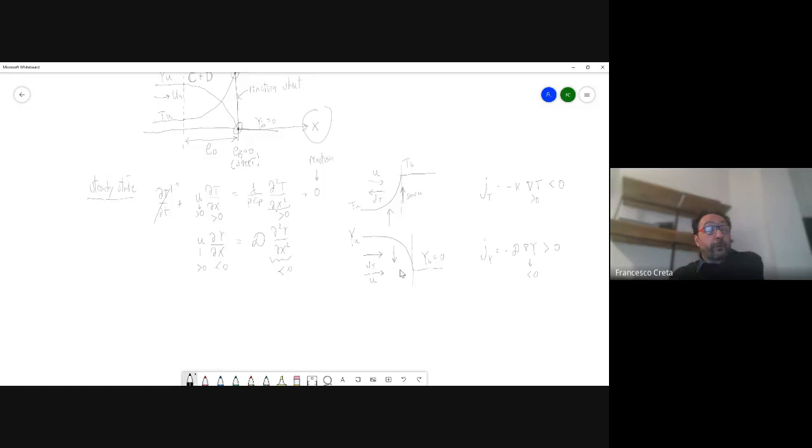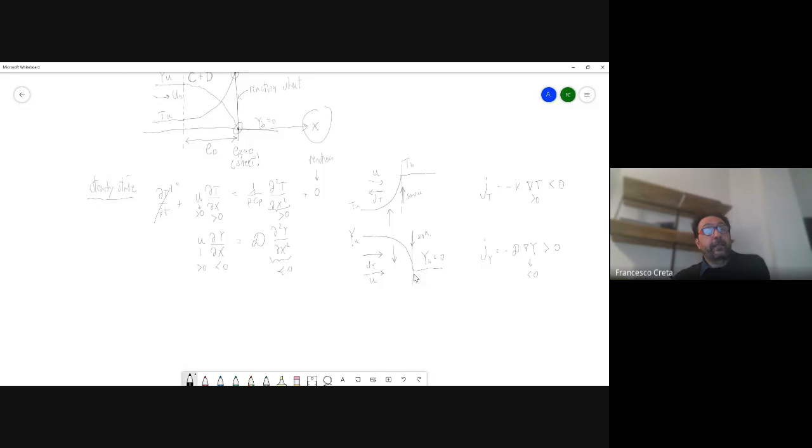Now, for reactants, again, you have the reaction acting as a sink, in the sense that it's depleting, okay, the flammable mixture, the species, okay?